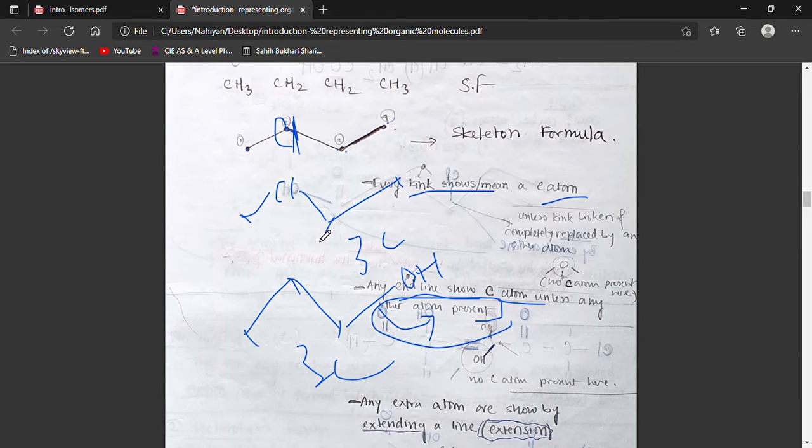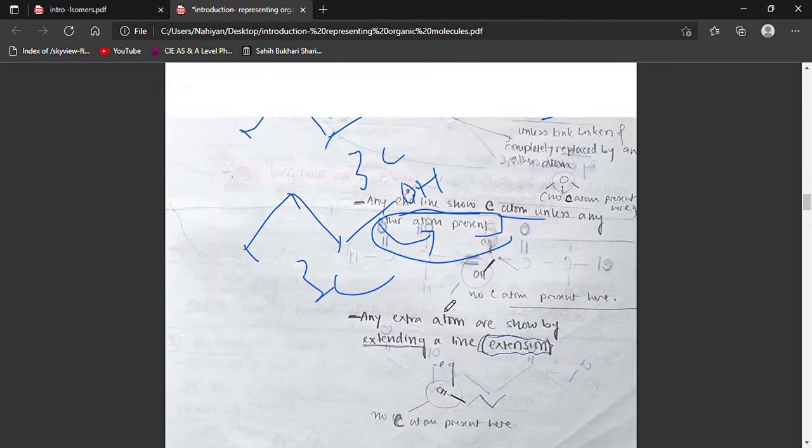So every kink or every end line shows carbon atoms unless there is any other atom present. And one more thing to note, something very confusing in the skeletal formula, is that any extension or an extra atom is usually shown by an extension.